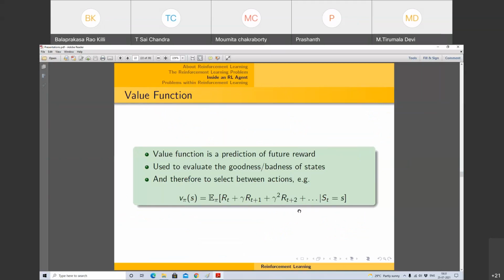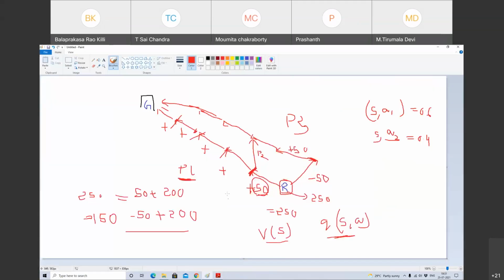It is the sum of rewards accumulated over time. Now here it is infinite, it was going on and on. When will it end? This is the question I asked. It will end when it reaches the goal. When it reaches the goal, the sum will end there.